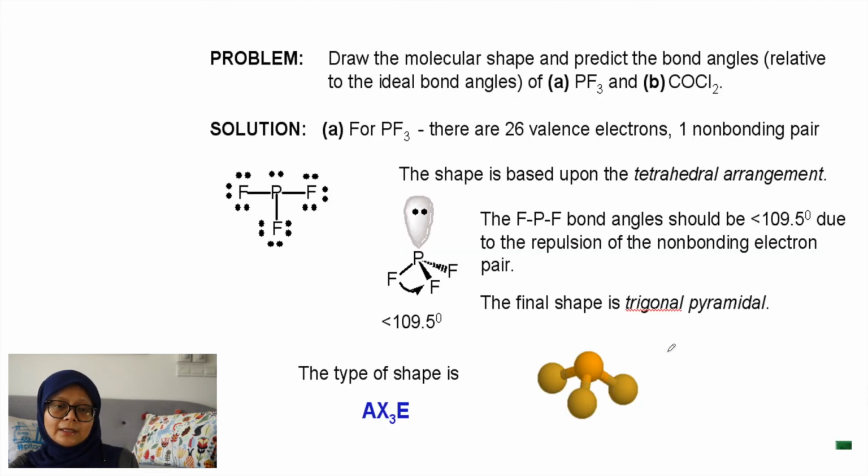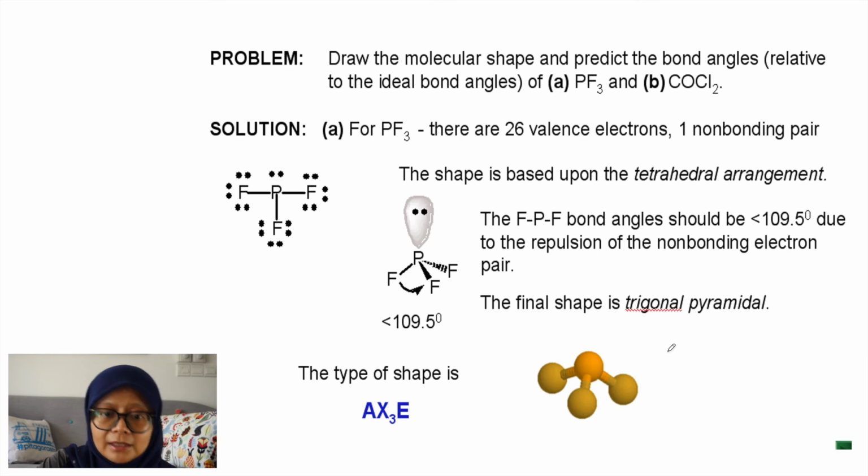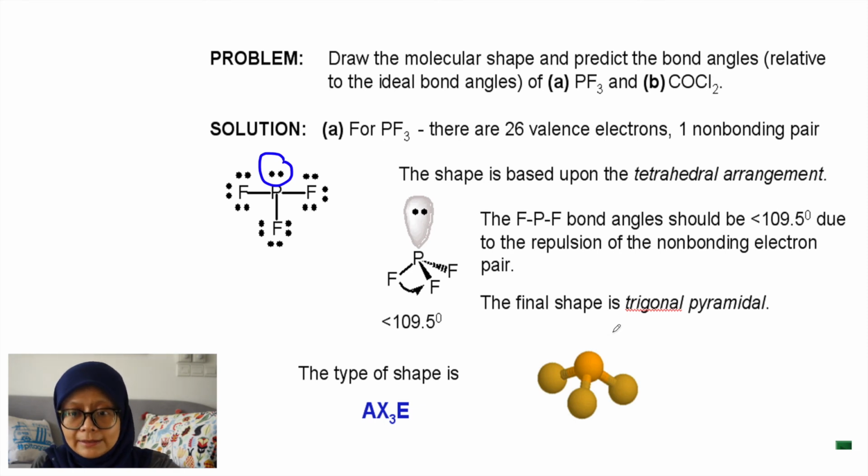Other than that, I have a problem here. Draw the molecular shape and predict the bond angles. The first one is phosphorus trifluoride, and the second one is COCl2. First things first, as usual, you need to draw the Lewis structure. This is the Lewis structure of PF3 with one lone pair on the central atom.